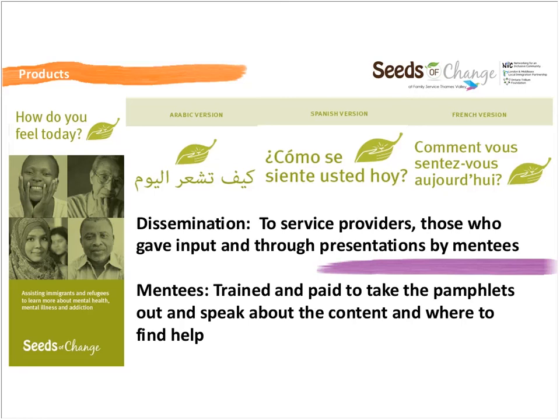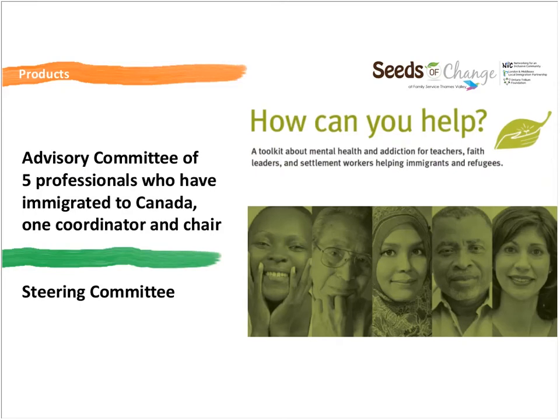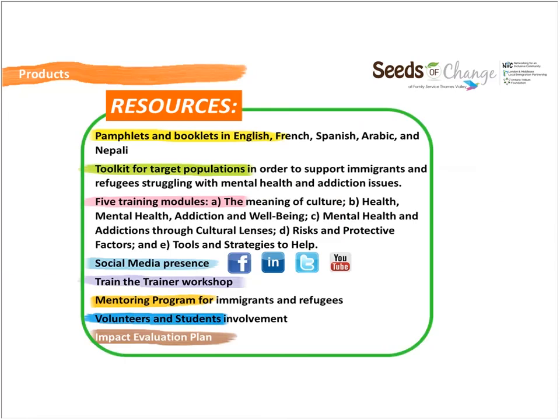And this is for that third phase of a group that we added, the teachers, settlement workers, and faith leaders. And we incorporated an advisory committee this time and didn't use the conversation circles as much for these materials. It was just the style of our coordinators that we had hired that we brought in that way of incorporating advice for our products. So moving on to the next page, which is the resources.